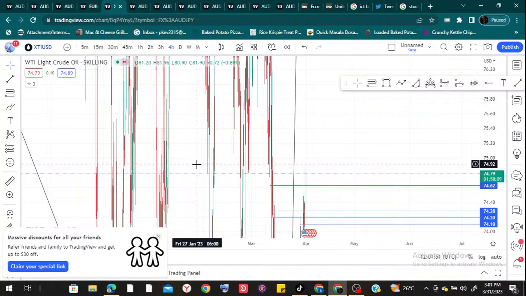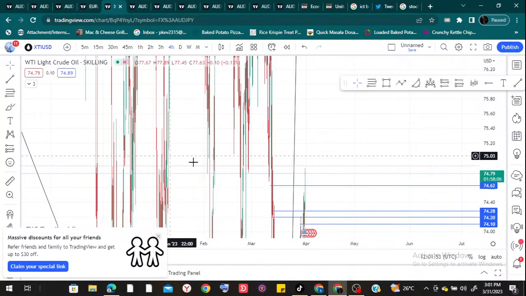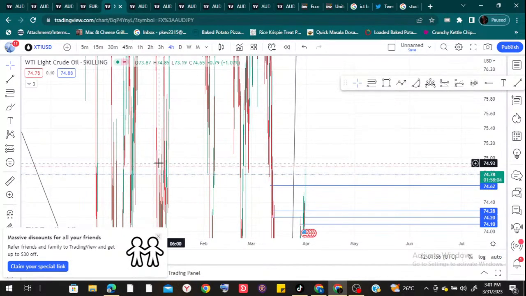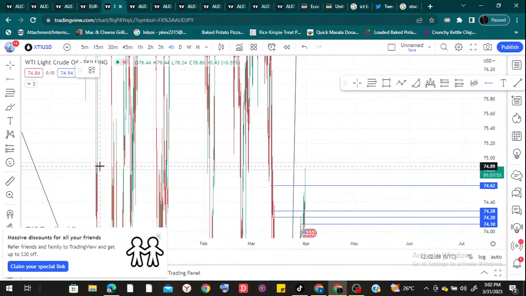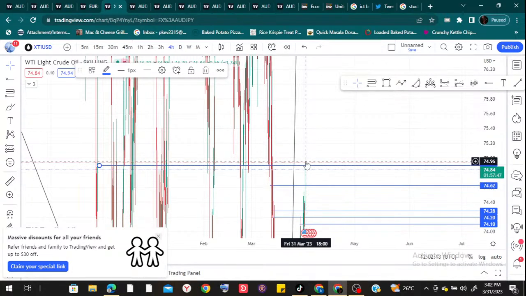You can come back and see these wicks over here. You notice that in this zone we have some hanging wicks, meaning this was once a supply zone that turned out to be a demand zone. So if I wanted to enter this market right now, I will wait for a breakout.